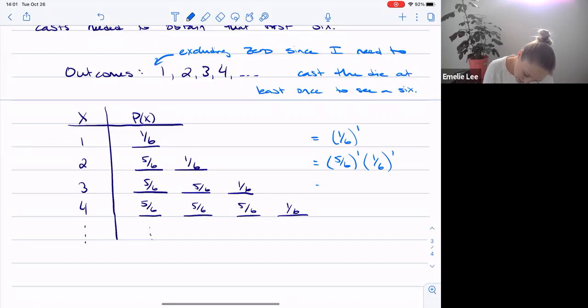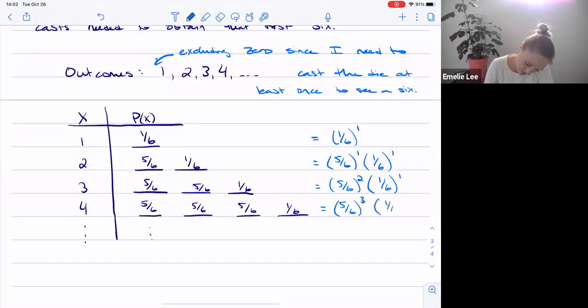And then 5 in 6 to the power of 2 times 1 in 6 to the power of 1. Because we're going until we roll the first 6, that 1 in 6 is always going to be to the power of 1. So that's nice. We can use that. So 5 in 6 to the power of 3 times 1 in 6, and so on.